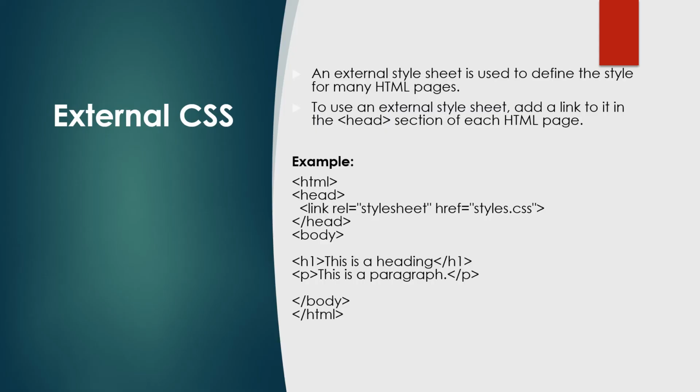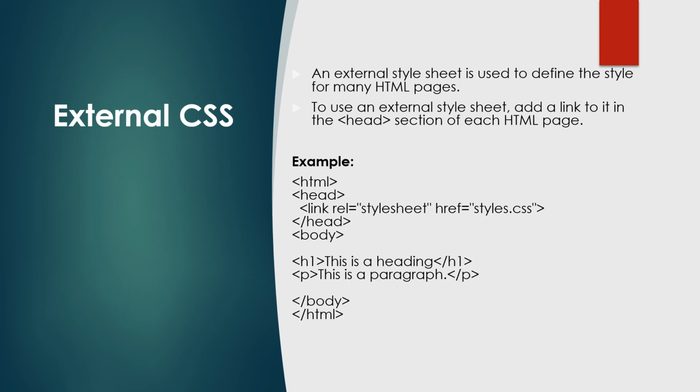External CSS. An external style sheet is used to define the style for many HTML pages. That means an external CSS can be applied to multiple web pages. To use an external style sheet, add a link to it in the head section of each HTML page.